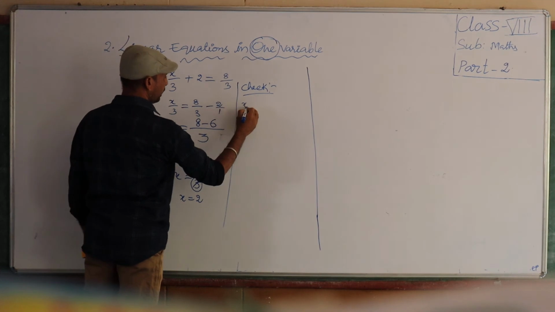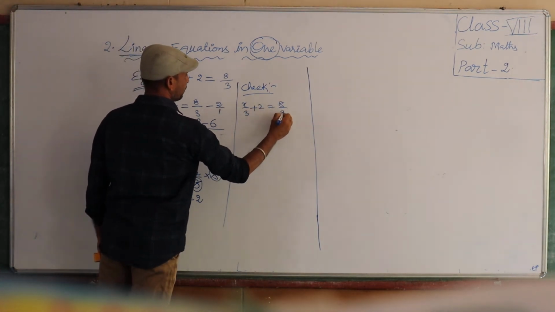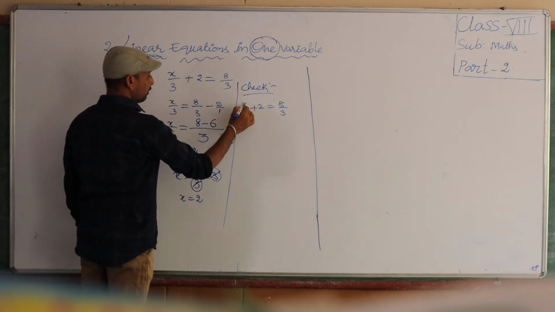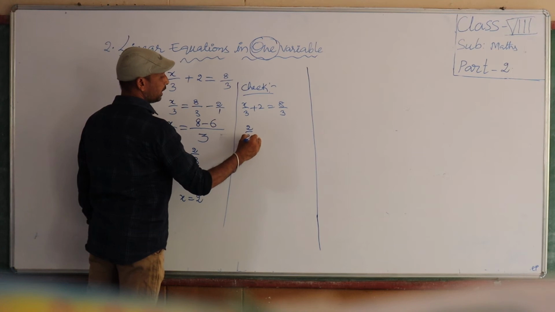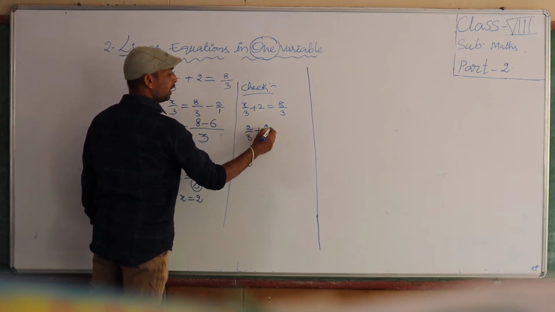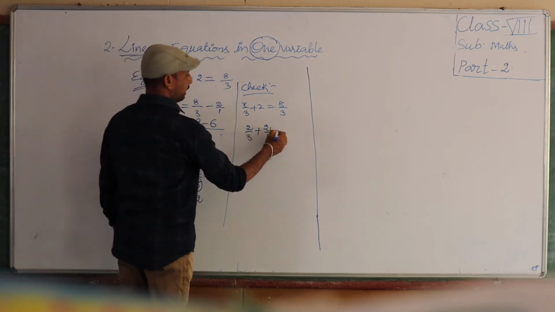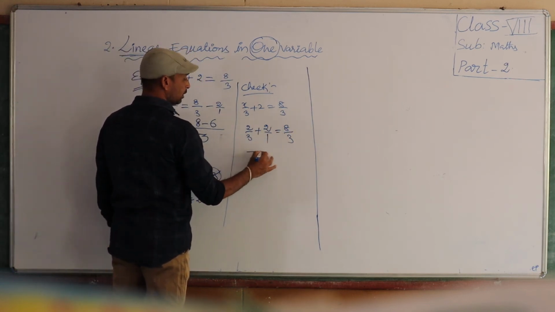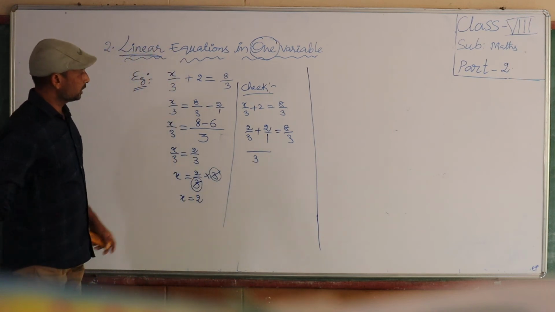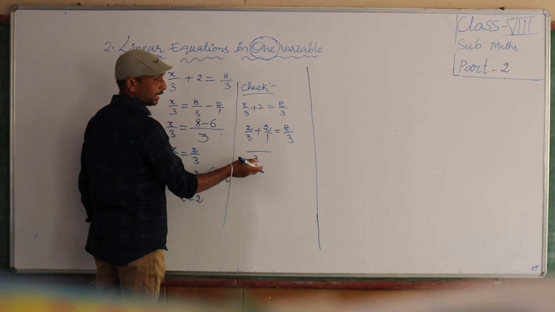So x by 3 plus 2 is equal to 8 by 3. The x value, how much? 2. 2 by 3 plus 2. Only 2 means we can take 1 in the denominator. So 8 by 3. Again the LCM is 3, as we know from before. 3 ones are 3, one time we are getting.